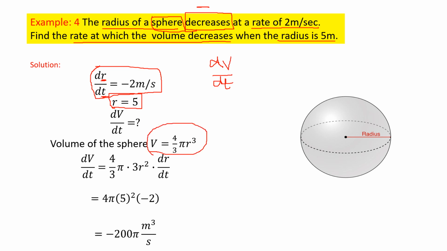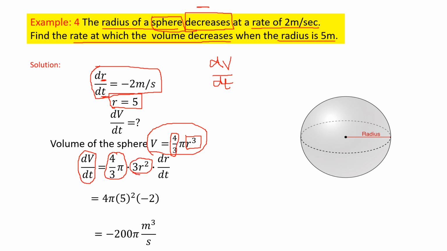Once again, differentiate this equation, left hand side and right hand side, with respect to time. We will get dv by dt is equal to, this 4 by 3 is a constant number, keep it as it is. Pi is also constant, keep it as it is. The derivative of r power 3 is nothing but 3r power 2.